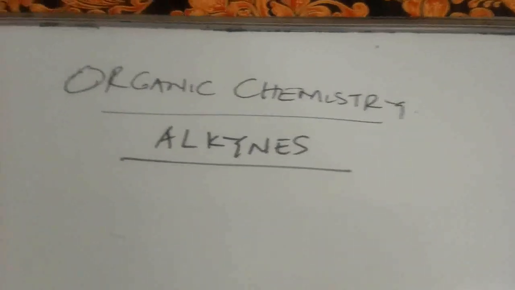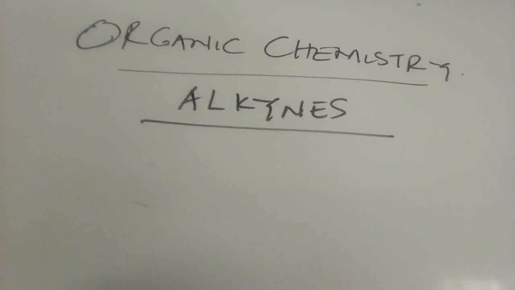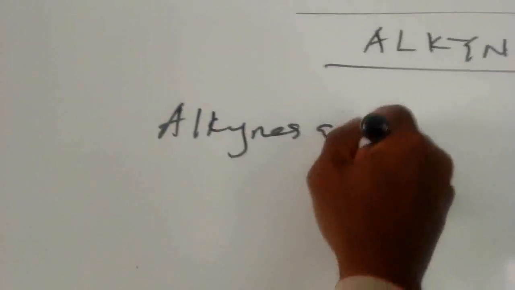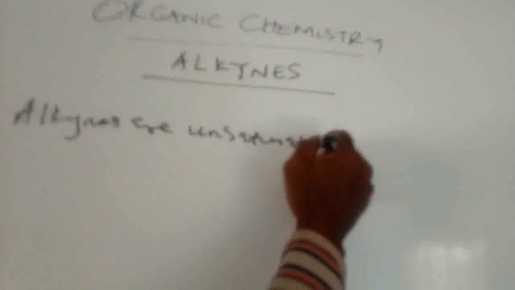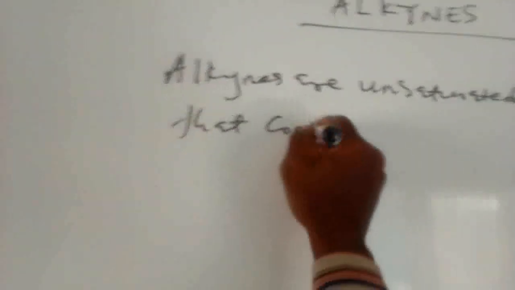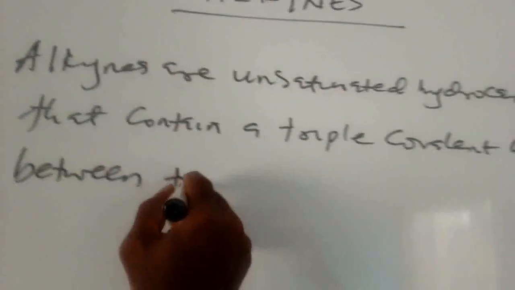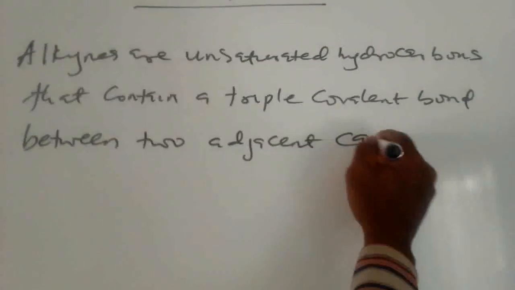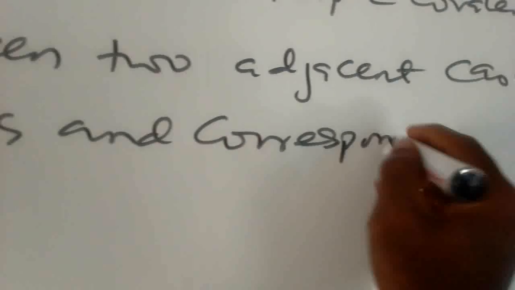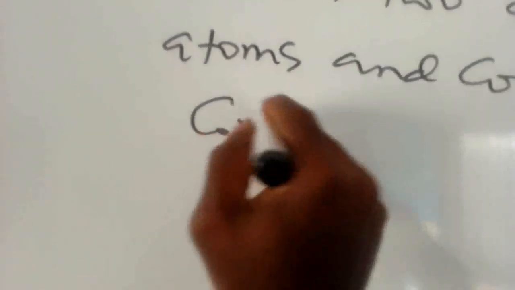Moving back to alkynes. That class of hydrocarbons, by definition, alkynes are unsaturated hydrocarbons that contain a triple covalent bond between two adjacent carbon atoms and correspond to the general molecular formula CnH2n-2, with n starting from 2, just like the alkenes.